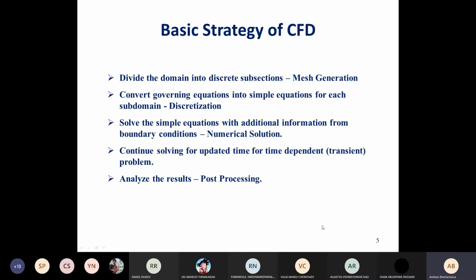Then convert those equations into simple equations. All this will be clear later on because we will go through each of these steps in much more detail. But to get a layman's perspective, we are going through the overall strategy. So convert these equations into simple algebraic equations for each of these subdomains. Solve these simple algebraic equations with additional information from the boundary conditions, and then continue solving and analyzing the result, which is known as post-processing.